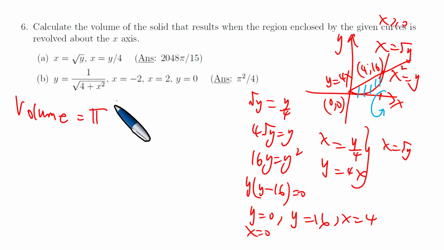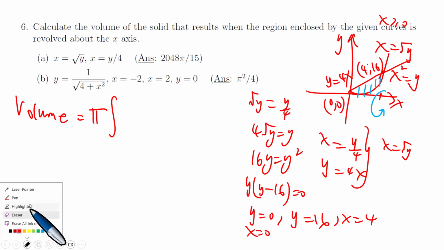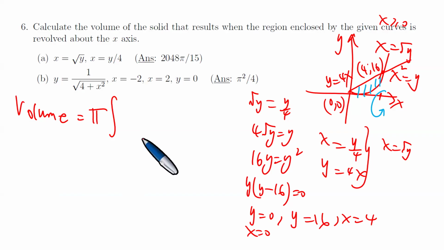So that we have pi, then you integrate, because now you want to integrate with respect to x. You integrate from a to b, which you can put straight away as the x limits of integration. From 0 to 4.